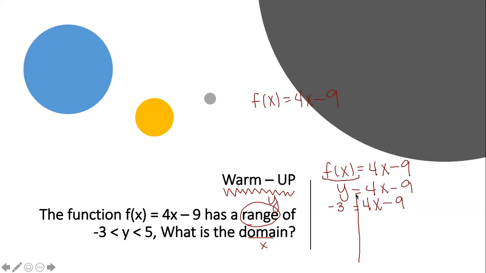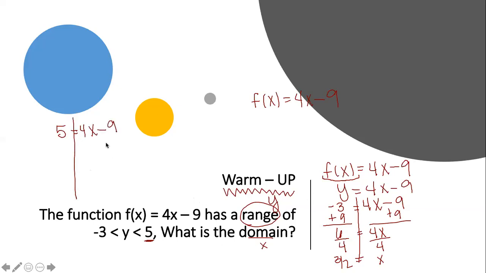All right, so solving for x, I would add 9 to both sides. That would give me 6 equals 4x. And then divide both sides by 4. So that would give me x equals 3/2, or 1.5. So that's one x value. I need to find the other x value. So I need to plug in 5 for y. 5 equals 4x minus 9. And solve.